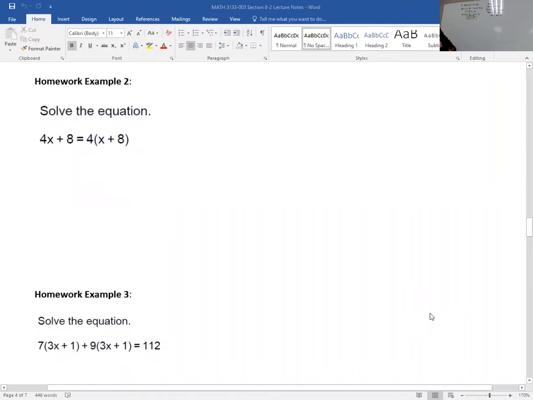Here we have the equation 4x plus 8 is equal to 4 times the quantity x plus 8. And let's say I want to solve this equation for the variable x.